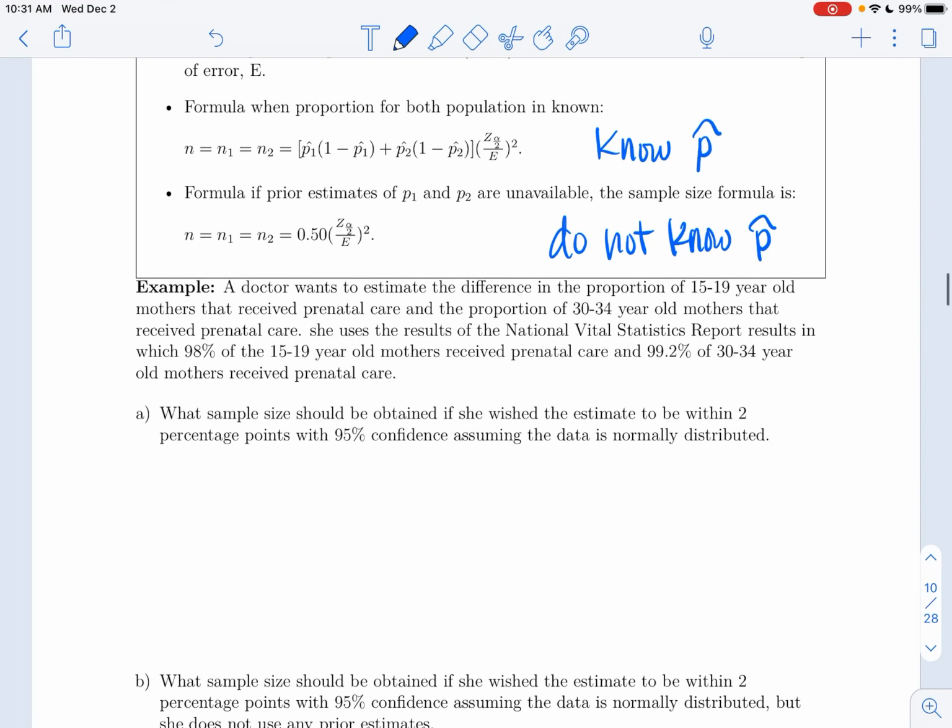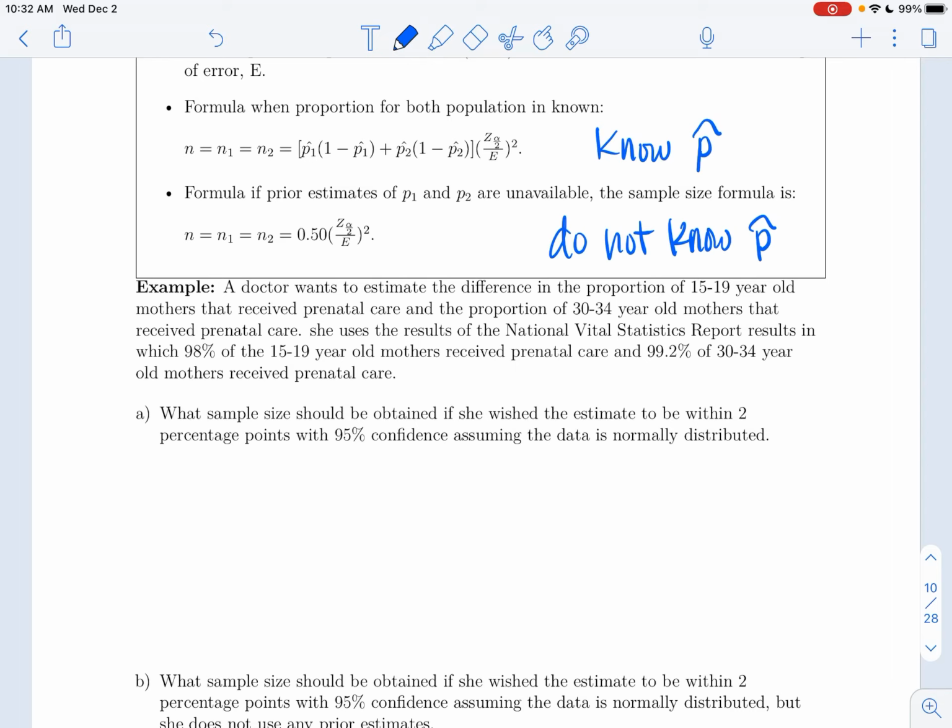All right, a doctor wants to estimate the difference in the proportion of 15 through 19-year-old mothers that receive prenatal care and the proportion of 30 to 34-year-old mothers that receive prenatal care.